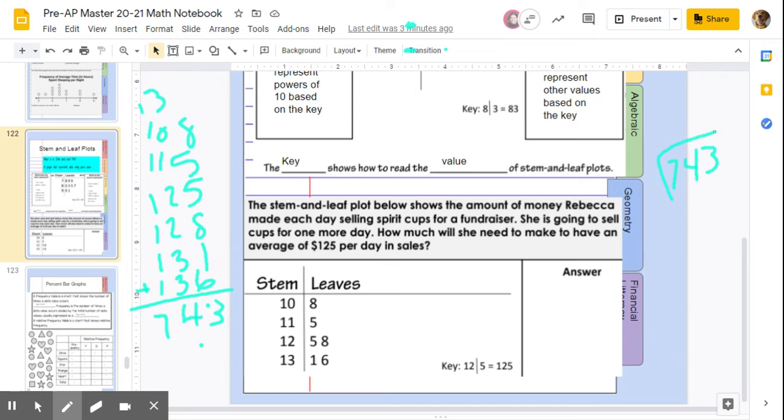We're going to divide it by how many we had. So we had 1, 2, 3, 4, 5, 6. So put that in once. Six goes into 14 twice. Six goes into 23 3 times.